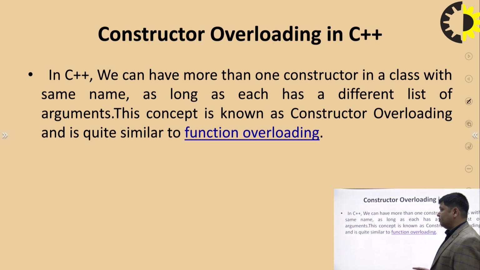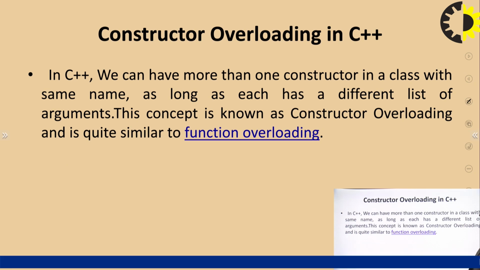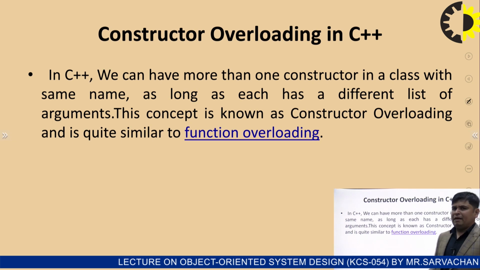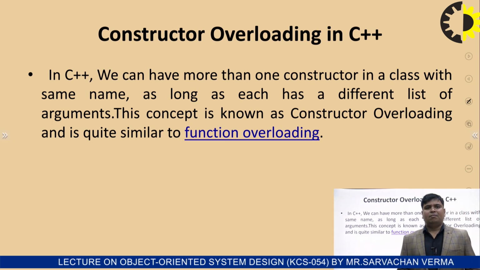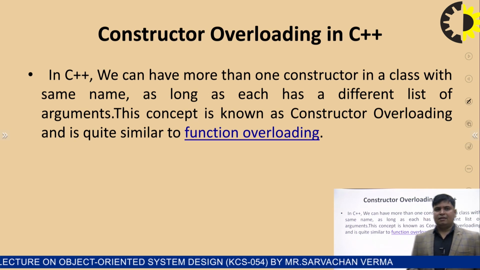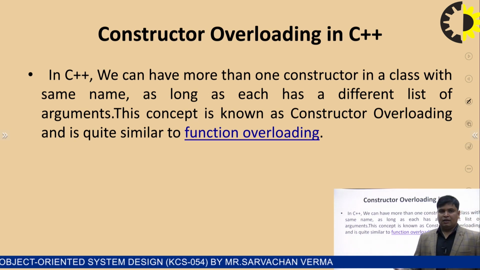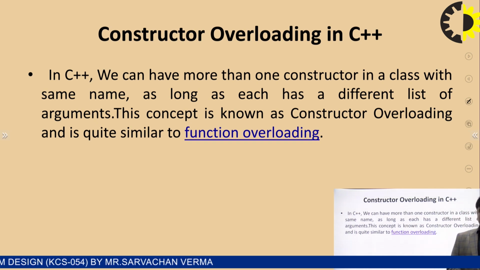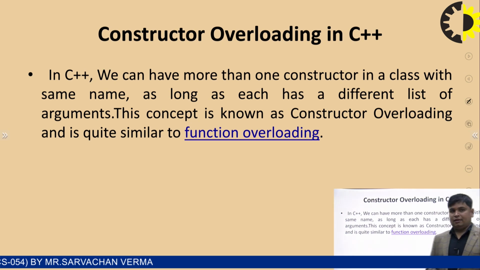We can have more than one constructor in a class with the same name as long as each has a different list of arguments. This concept is known as constructor overloading, and it is quite similar to function overloading. A smaller difference is that in function overloading we call with the function name, and in constructor overloading it is called automatically.